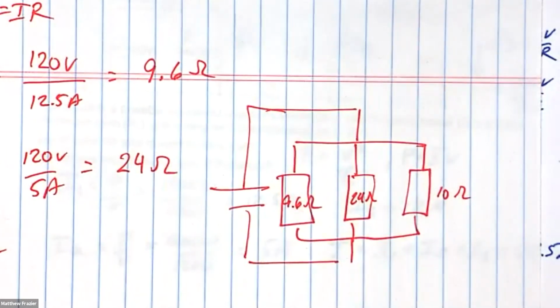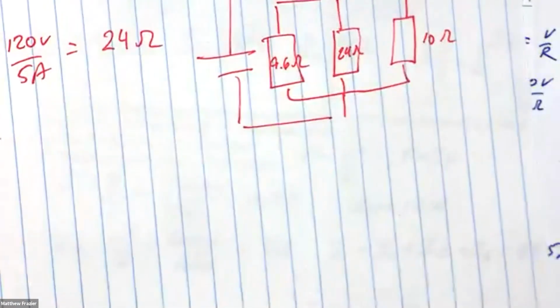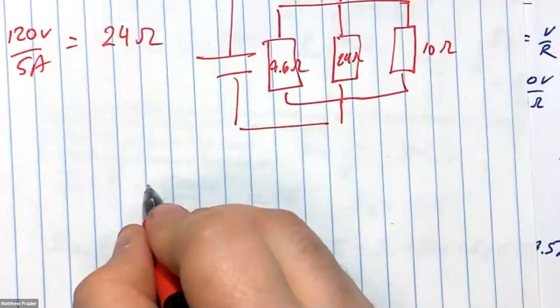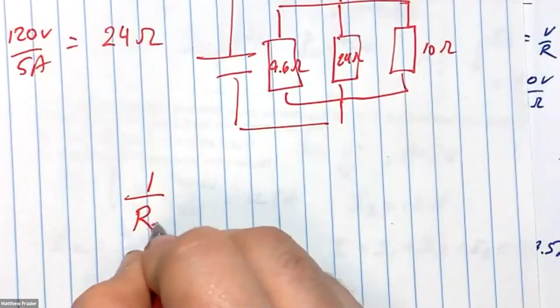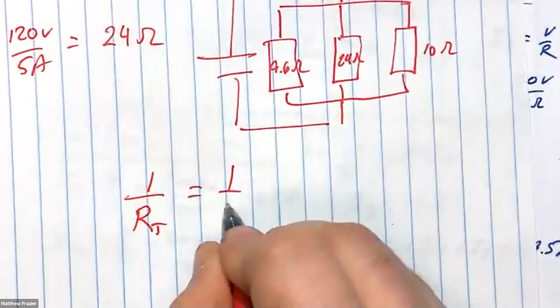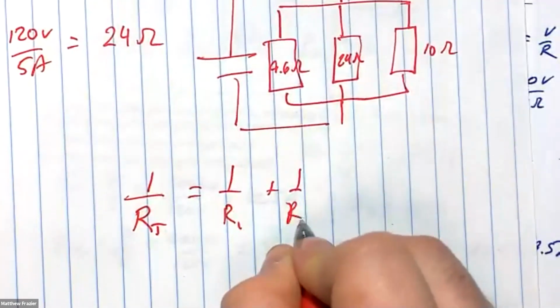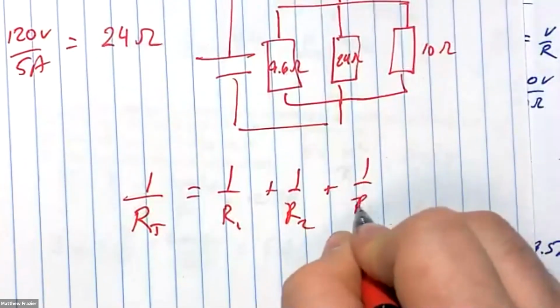All right, so we're going to add those up. They're all in parallel, so 1 over R total is 1 over R1 plus 1 over R2 plus 1 over R3.